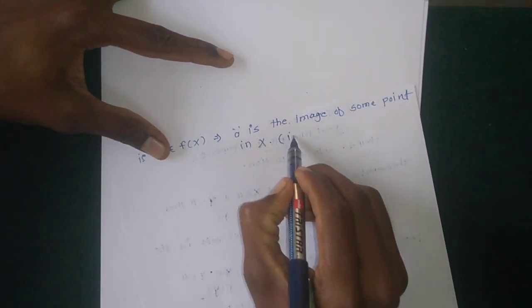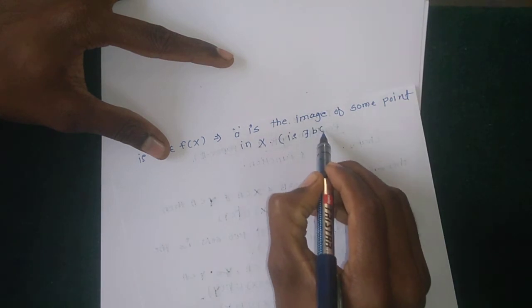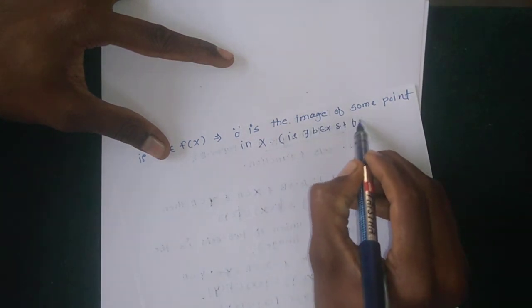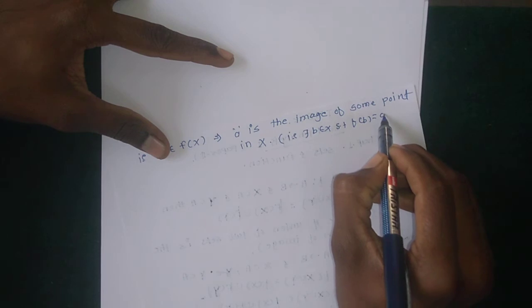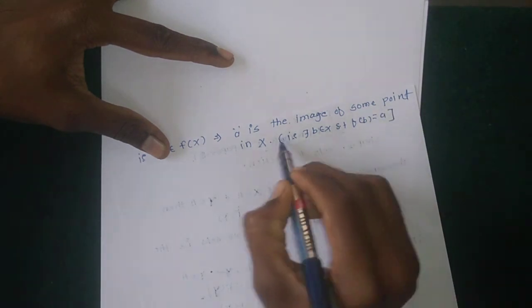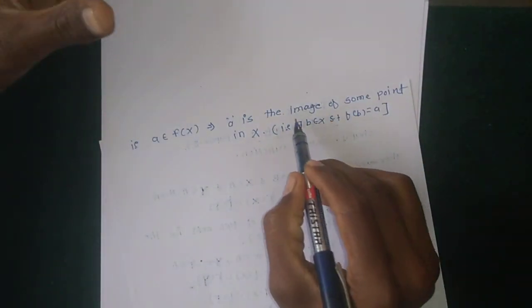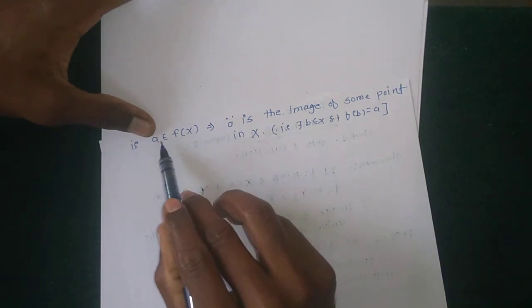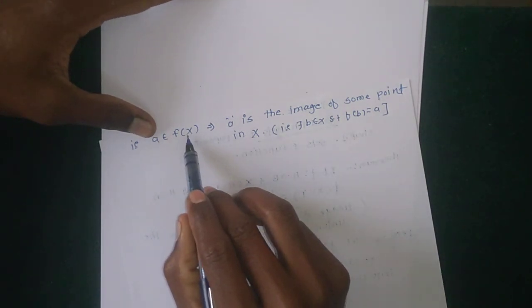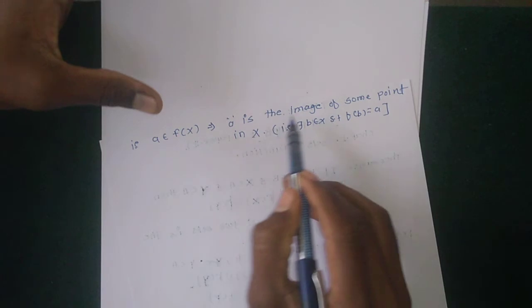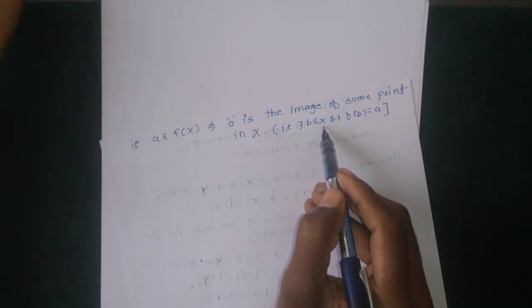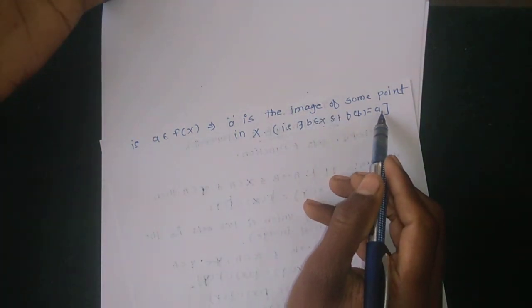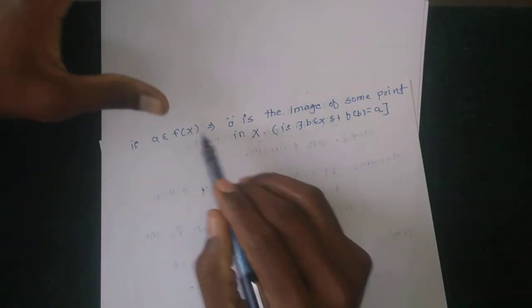That is, there exists b belongs to x such that f of b is equal to a. That means that if a is an element of f of x, the range set of x, then at least one element exists in x such that their image is equal to a, and this a belongs to f of x.